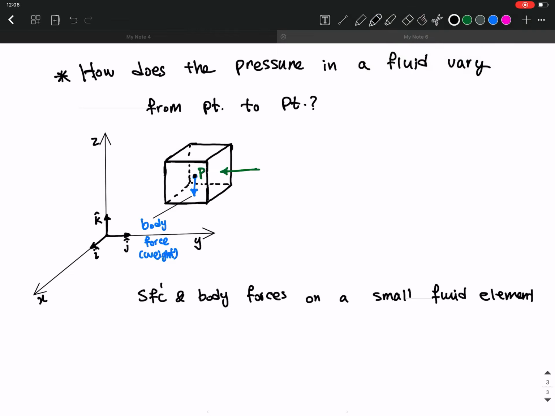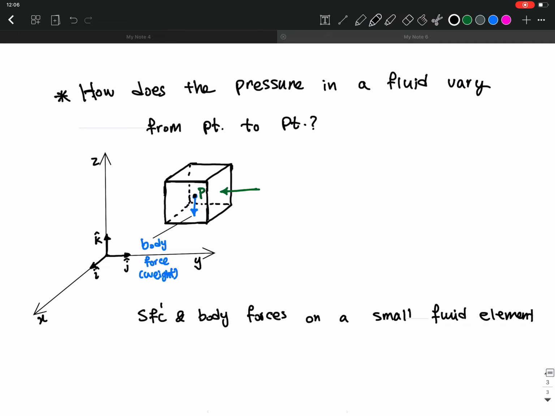In the YZ plane, we have this point P, which is the pressure at the center of the fluid element, and then we want to see what the pressure is going to be here.